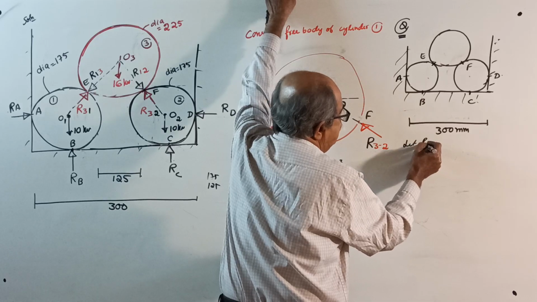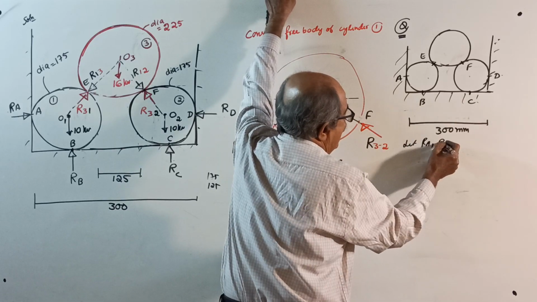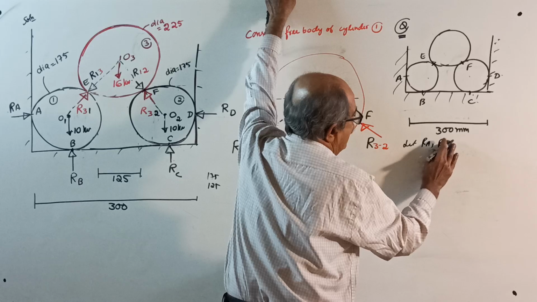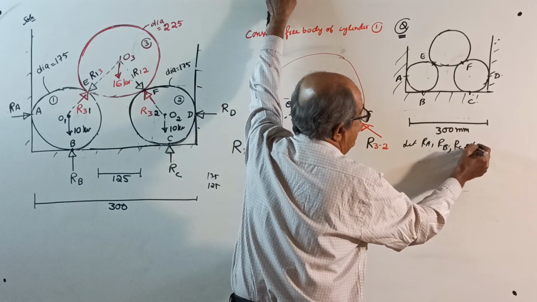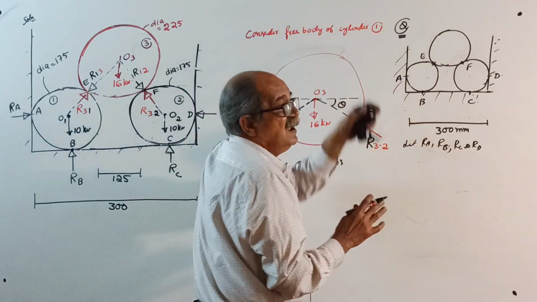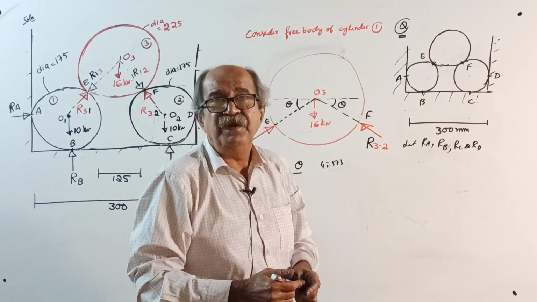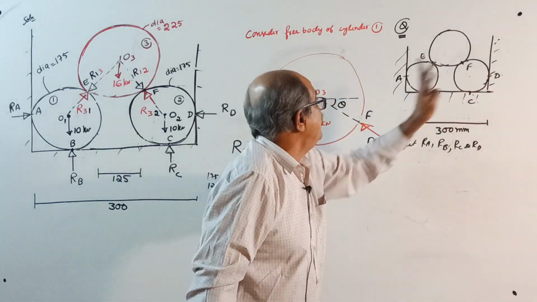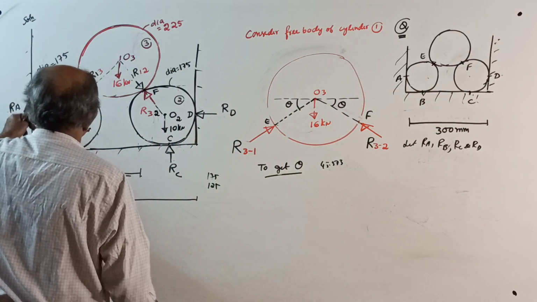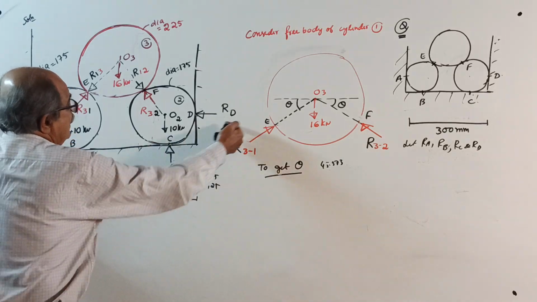Let RA, RB, RC and RD be the reactions from the surface on the cylinders at contact points A, B, C, D.